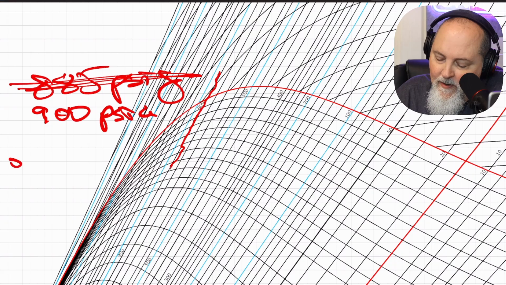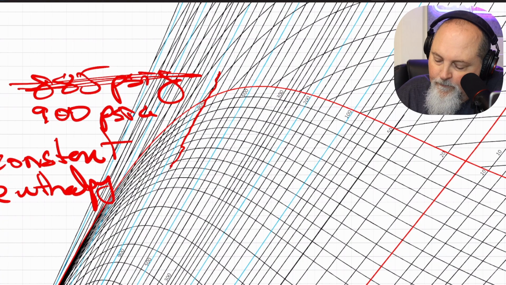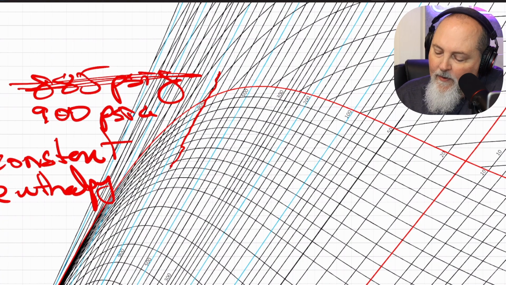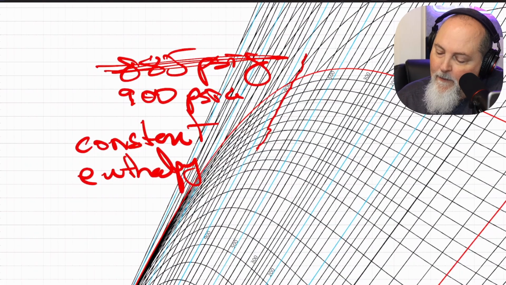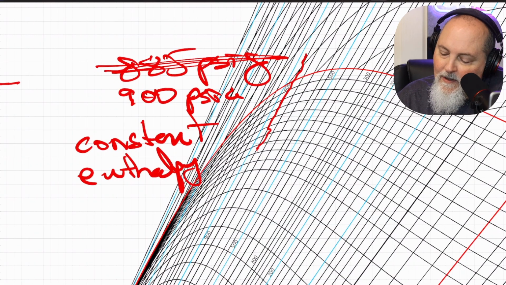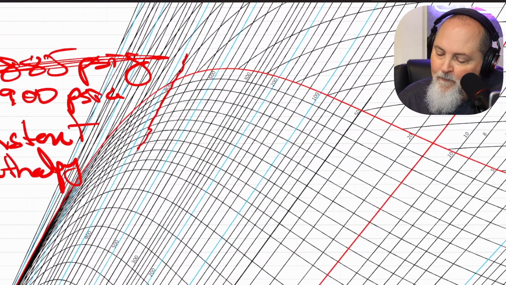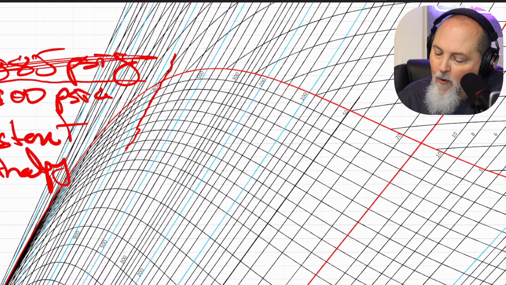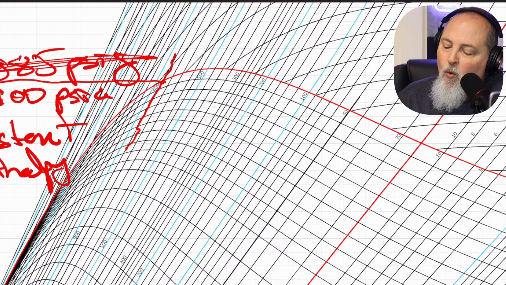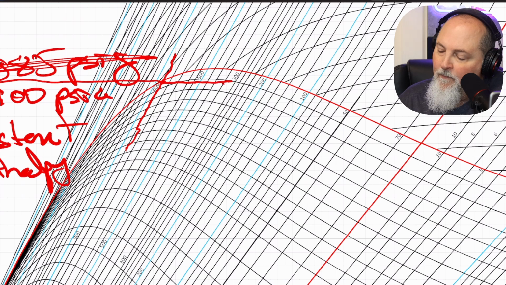So it's a constant enthalpy, which means whatever line we're on here for the enthalpy, which looks about 1195 BTUs per pound mass, right? If I track that all the way over, that's right about where we're at. We're going to keep going to the right. We're going to stay on that line until we cross, and I'm just going to draw it out a little bit, and then I'm going to find the 200-pound line.